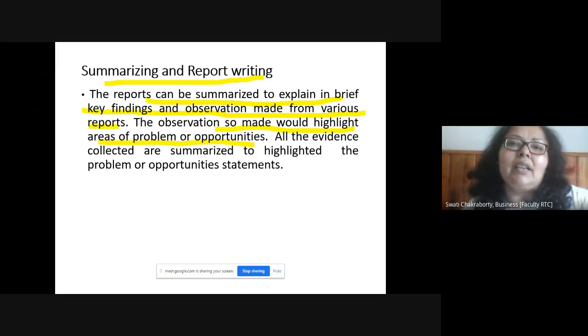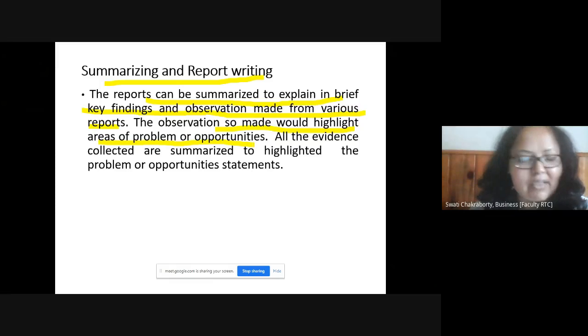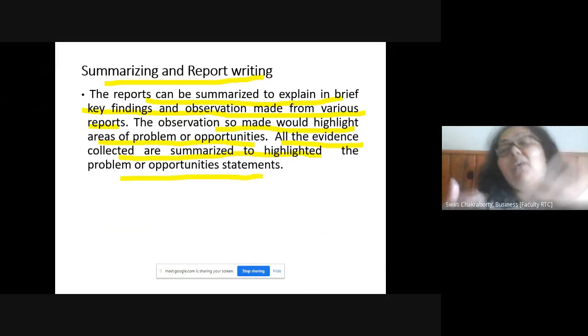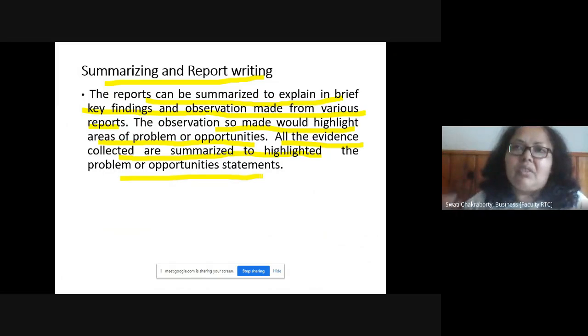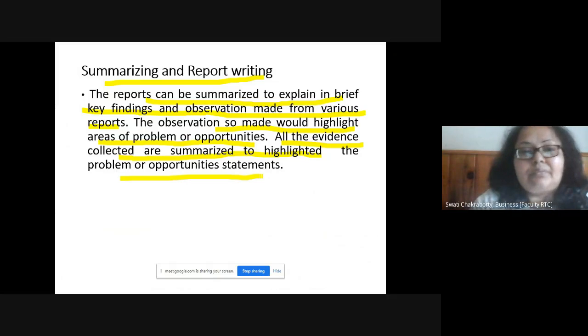When you're writing it down, from there you can find out the probable problems or the opportunities that the organization is facing. And all the evidence that is collected should be summarized. Why? For highlighting the problem or the opportunity statements. You have to come up with your problem or opportunity statement for the organization where you're doing a project, based on which you go on to the next steps.